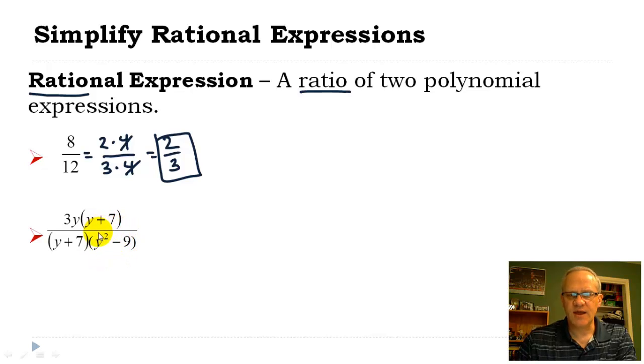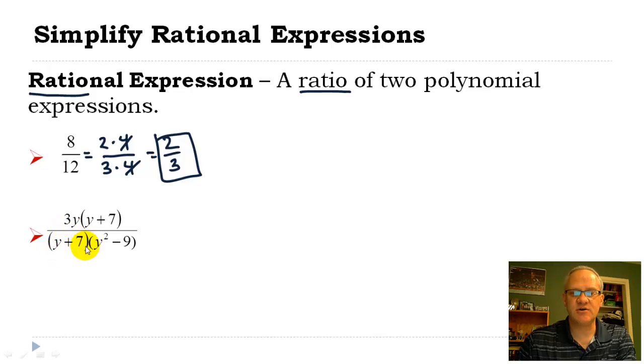So I cannot cross out this y here, the 3 and the y, I can't cross that out with this y, for example, because this y is being added to 7. So I can't think of this y as being by itself. I have to think of it as the whole parentheses.